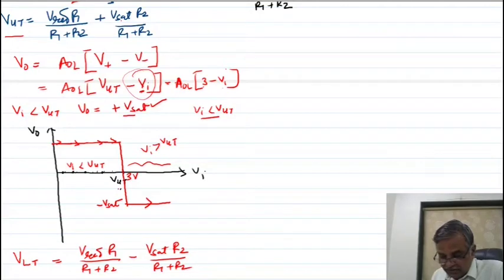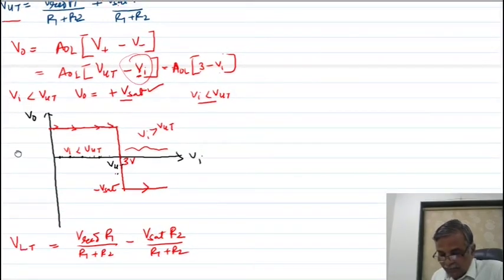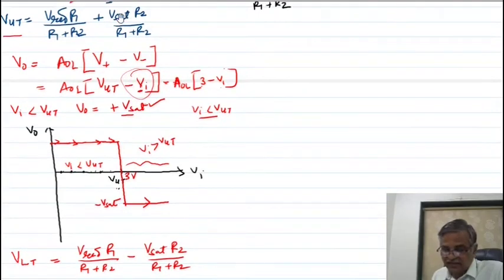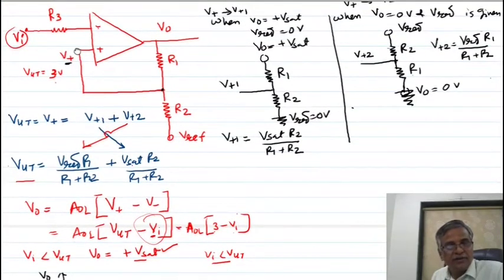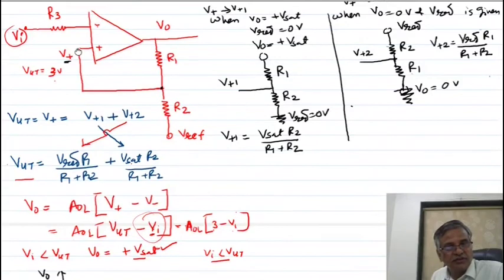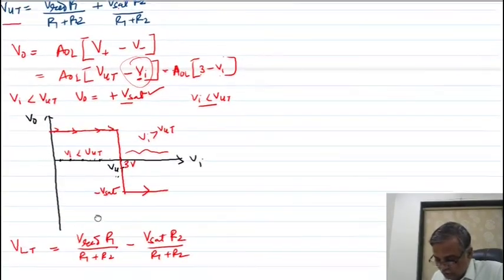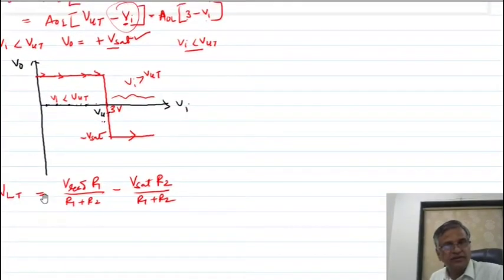Because the output changes from plus to minus, here I would write minus Vsat. As a result, the voltage level at this point V plus will be changed. That voltage level is known as the lower threshold voltage that I have written.